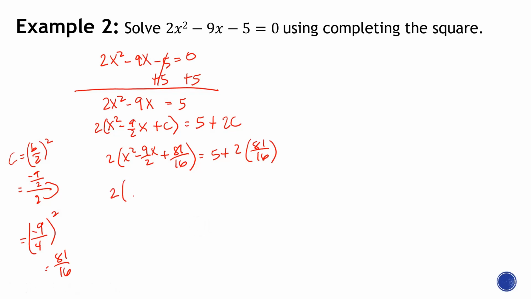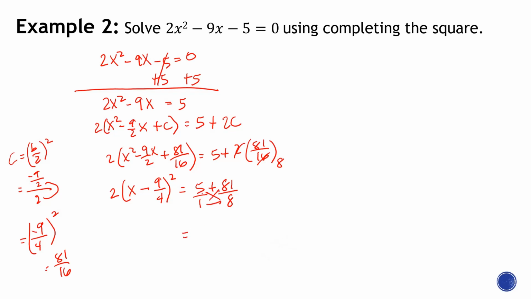So this is 2 times x minus, again, the square root of 81 is 9, the square root of 16 is 4, squared, equals 5 plus, that's going to be 81 over 8. Okay, so 81 over 8 plus 5, just cross multiply that.